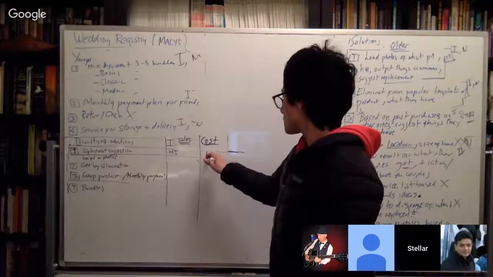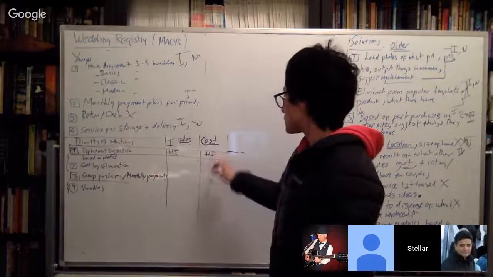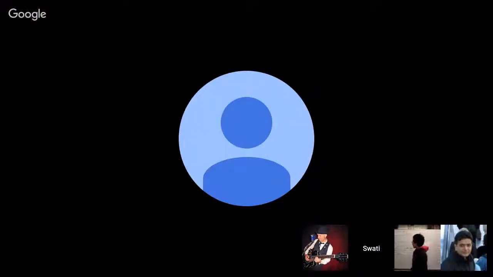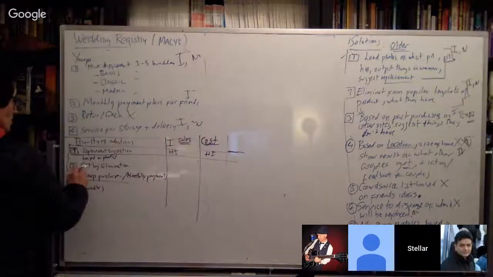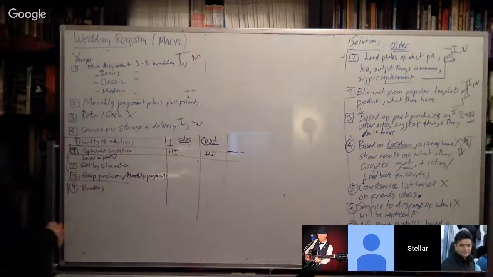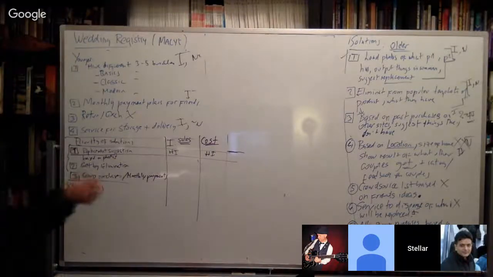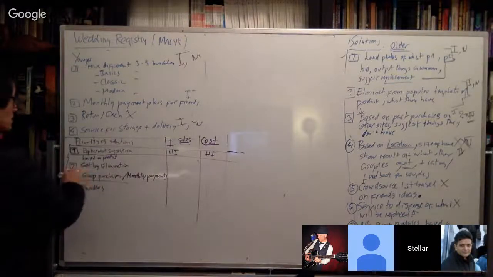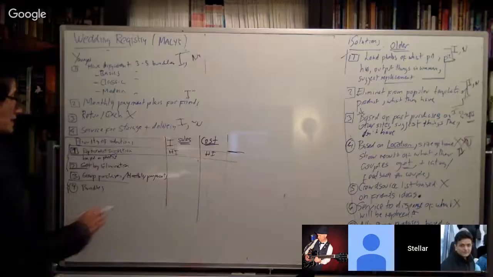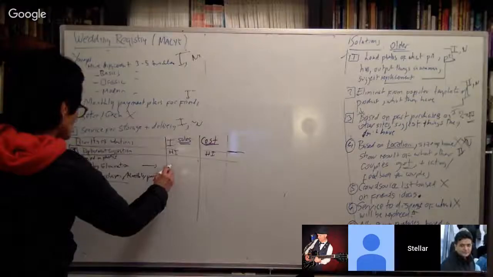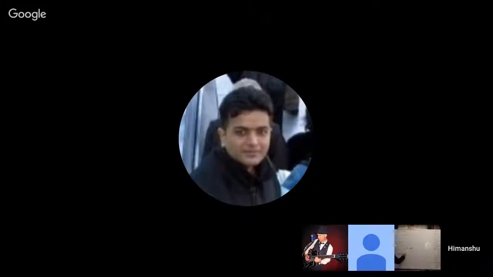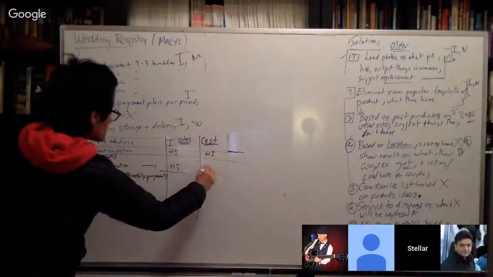So I'm going to put here probably high in terms of software cost. Then select products by elimination. I think that is impactful, and it's pretty cheap. You can just create a list and ask somebody to cross.